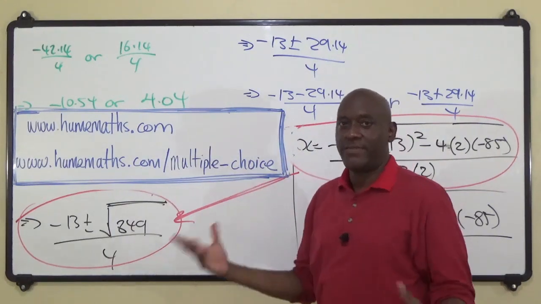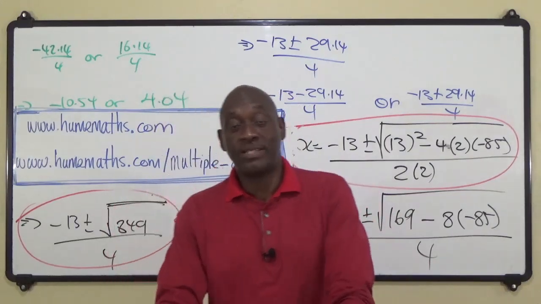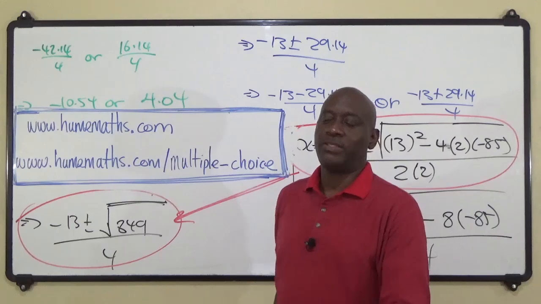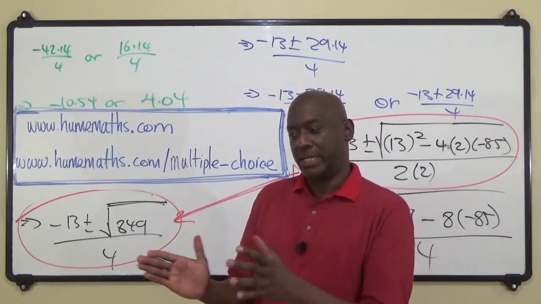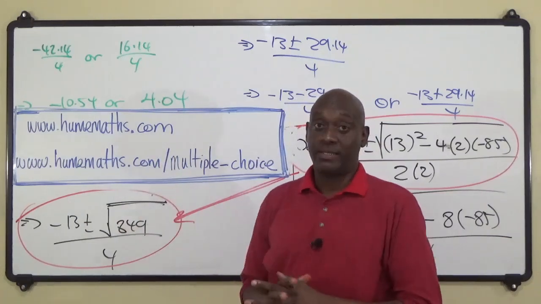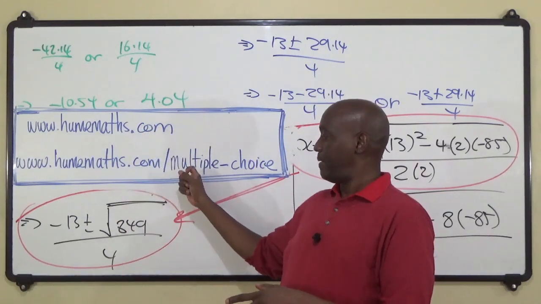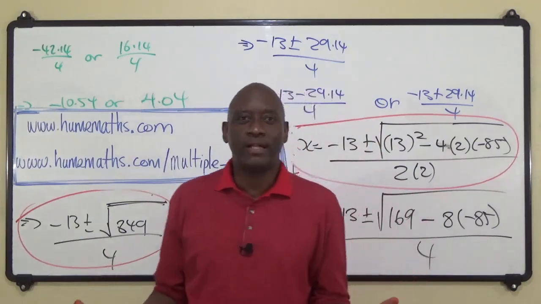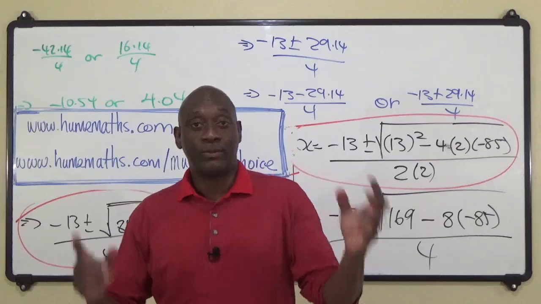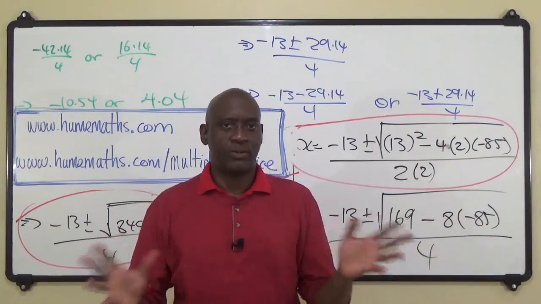So I'm funneling people there as the first stop on the website. If you type humemaths.com and you reach here and you want to go somewhere else, there are links on the website itself that will take you to other pages on the website. Of course, that option is always available.